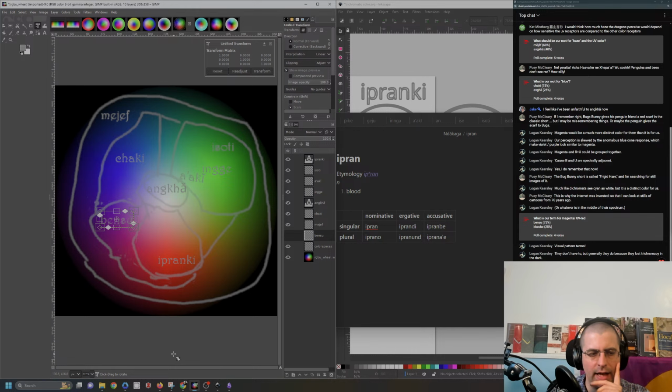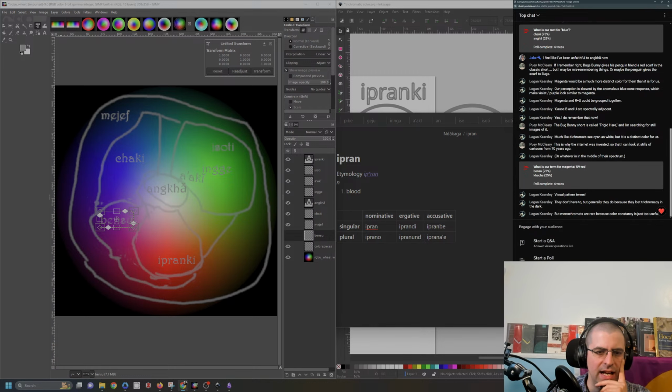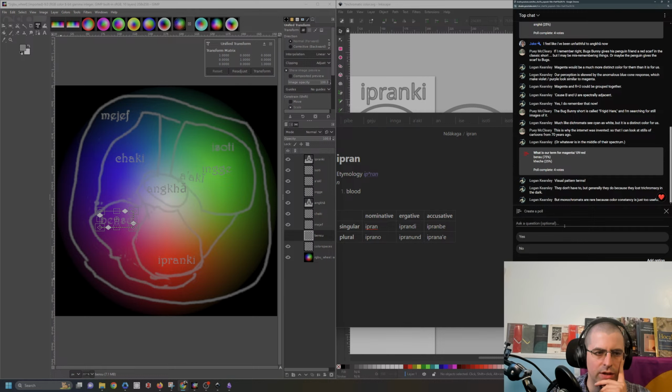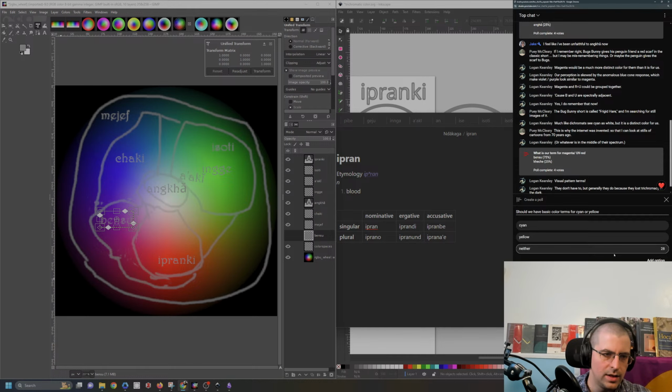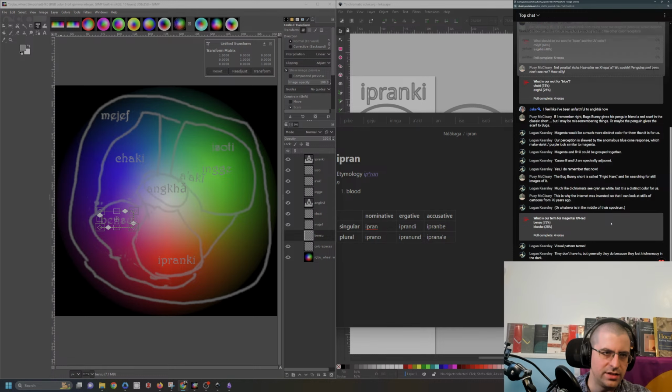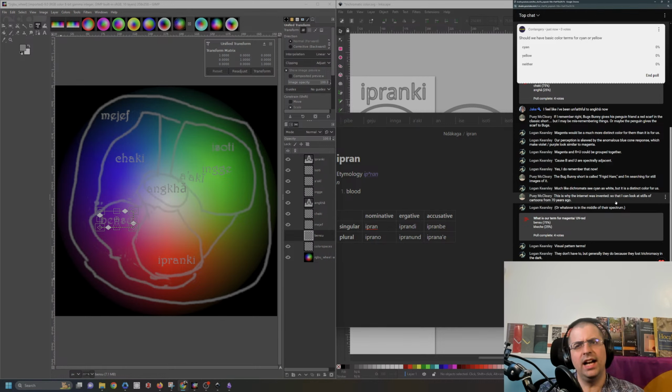How about we have a vote? Let me just ask you guys, as a quick straw poll, should we have color terms for cyan, or yellow? I think we're going to do one or the other or neither. So we're going with cyan, yellow, or neither. And what do you guys think? These would be kind of later divisions.